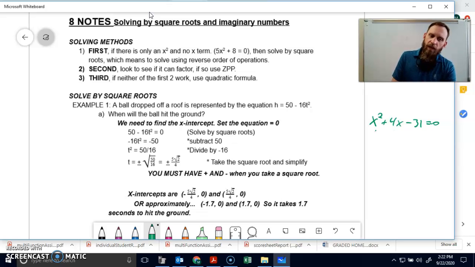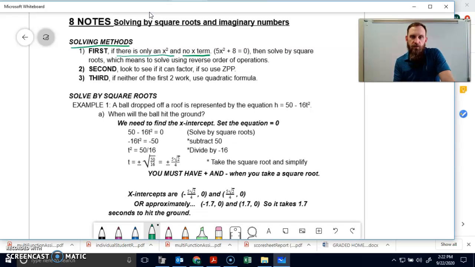What do? Okay, well, we have the quadratic formula we've been working on the last couple of days to solve that. But there are other types, and there are ones specific that have no x term. So solving methods, the order of solving methods is, first thing you want to look for is if there is only an x squared term and no x term, like this.